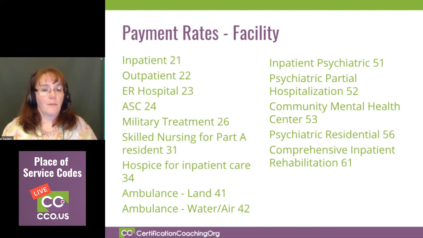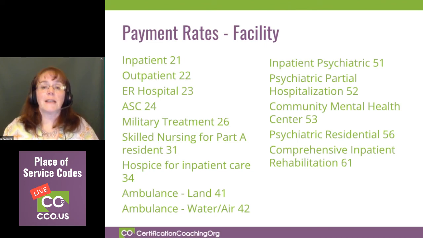So facility rates when you're billing Part A, of course, because that's inpatient facility, you're going to get a facility reimbursement. Hospice for your inpatient care, because remember we said a hospice can also be performed at other places of services like 12, like a home, like an office. So anything for the inpatient care is going to be paid as a facility rate.